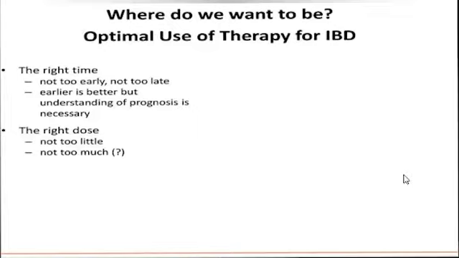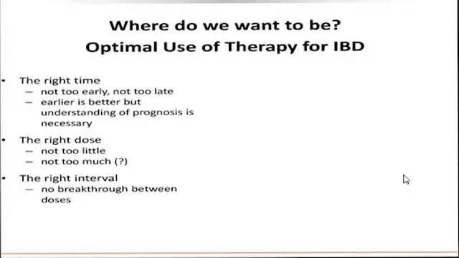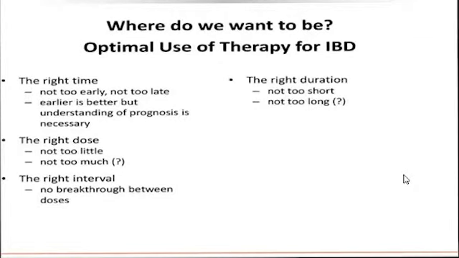We need to have the right dose, not too little and not too much. We need to have the right interval, no big gap between the doses. And we need to have the right duration, not too short and not too long.